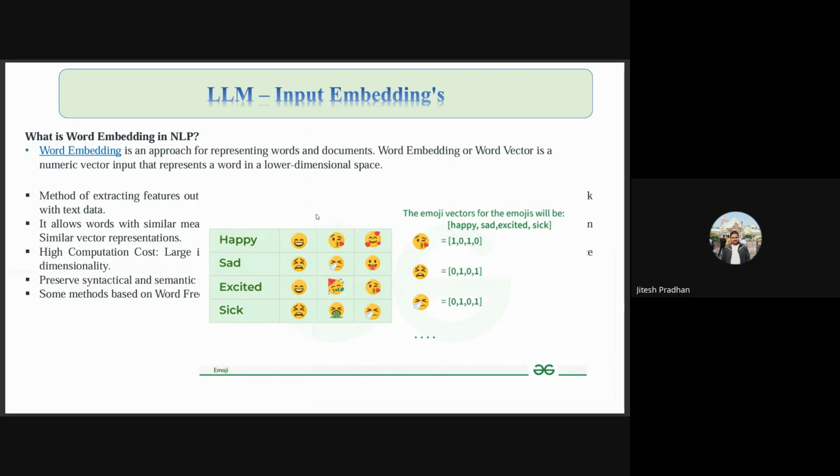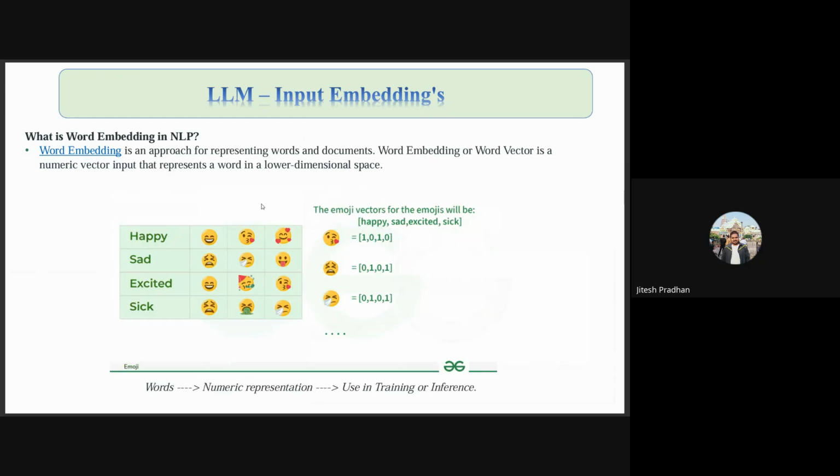So these are the embeddings, where a word, object or sentence is represented in the form of numeric information or a numeric vector. So basically we are given a word as input, it becomes a numeric representation, and it is used in training or inference.